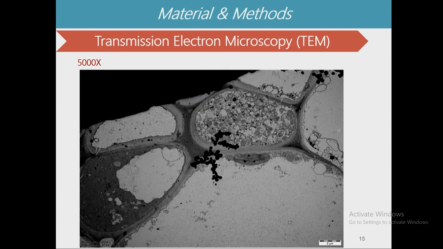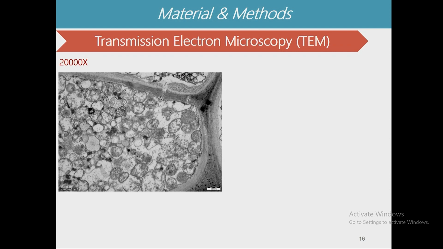And next, we move to the transmission electron microscopy to see whether our Narcissus tazetta tissues are infected with phytoplasma. And interestingly, in the area of phloem, we can see the sieve tubes and the chloroplasts. And we see some inoculation in this part.